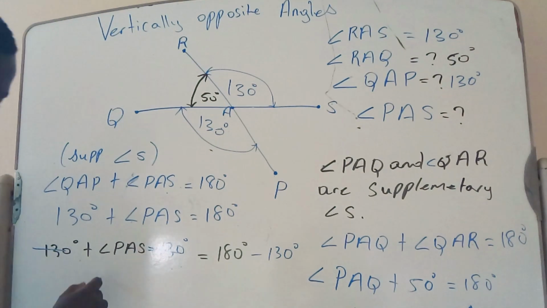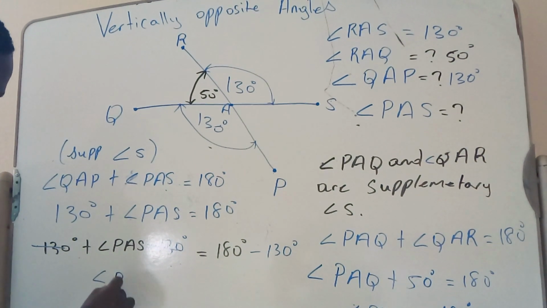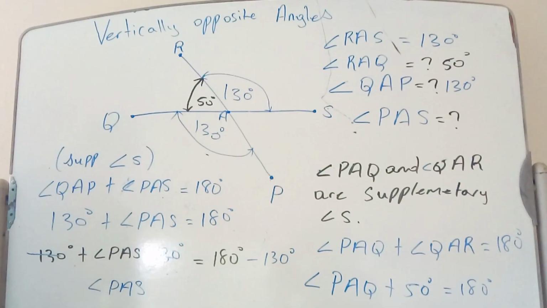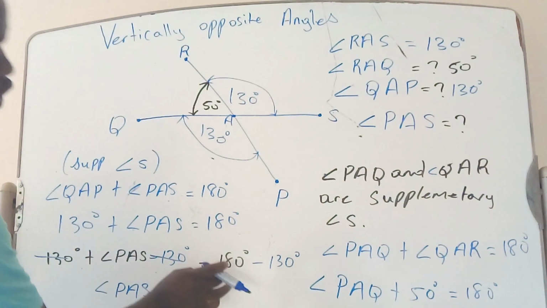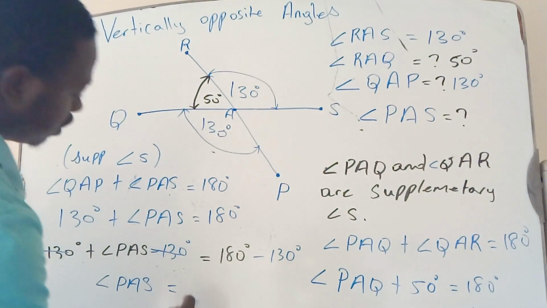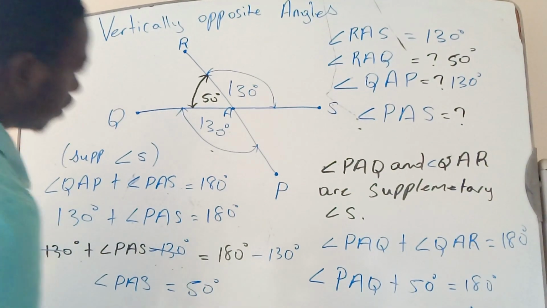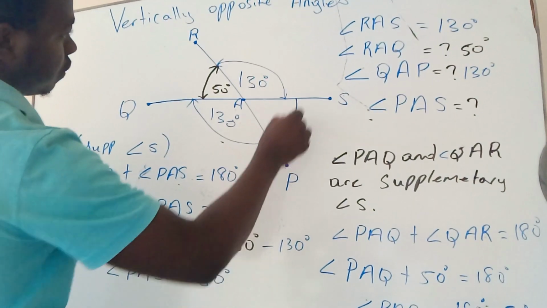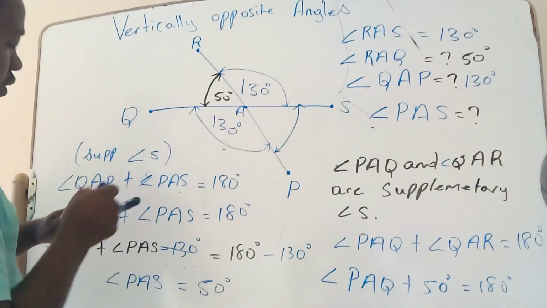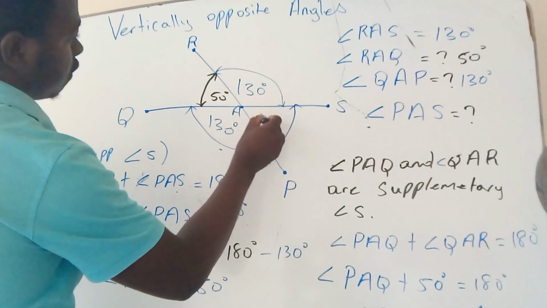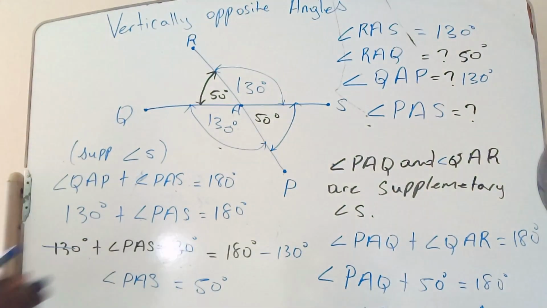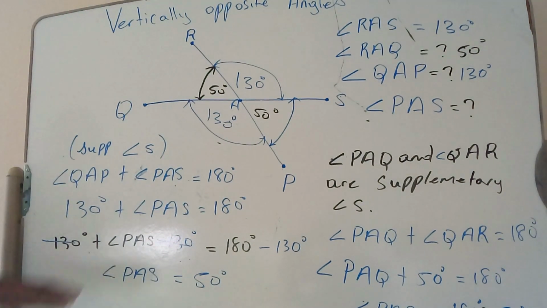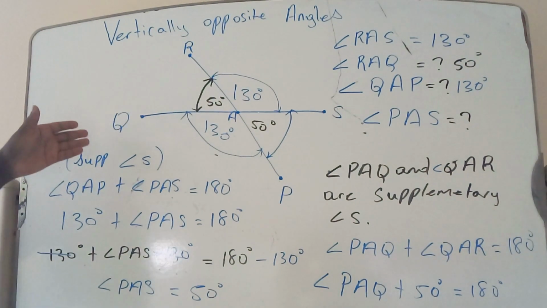I am left with angle PAS, which is equal to 180 minus 130, which gives me 50 degrees. So this angle here is 50 degrees.